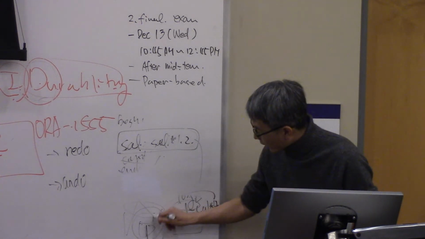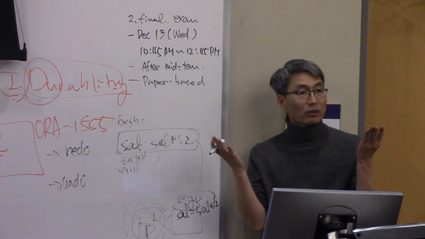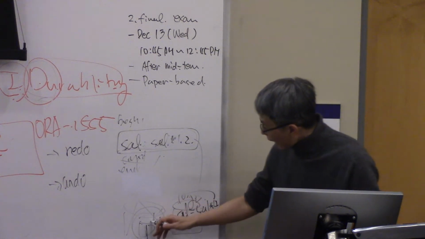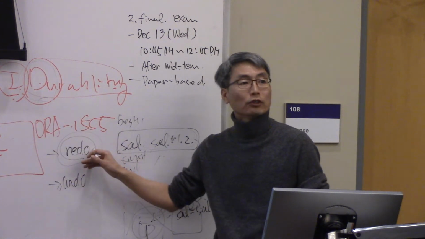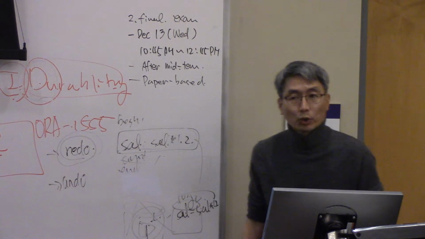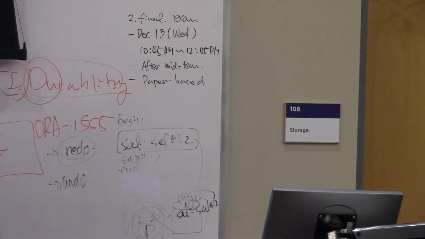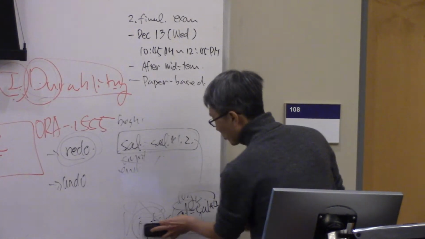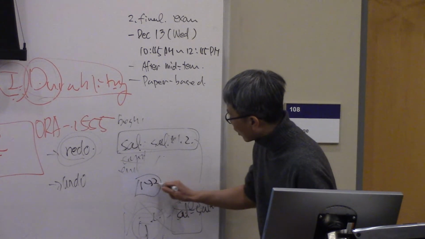Then you check whether this is applied or not when you start up. If not applied, you need to redo. So this is called the redo operation. Similarly, you update the data but before commit, the disk has 1 and memory is 1 to 2.